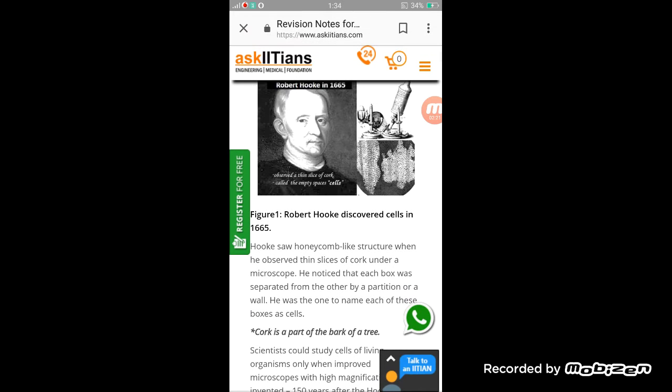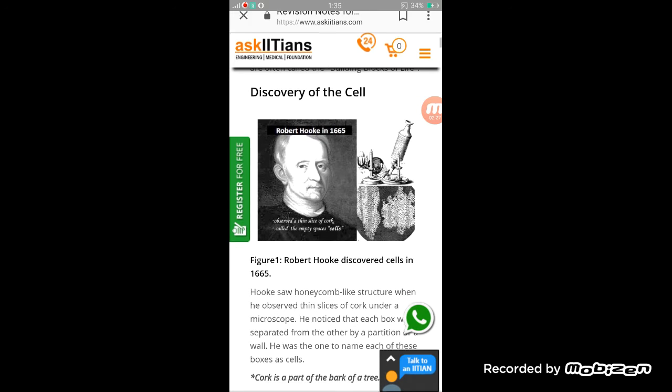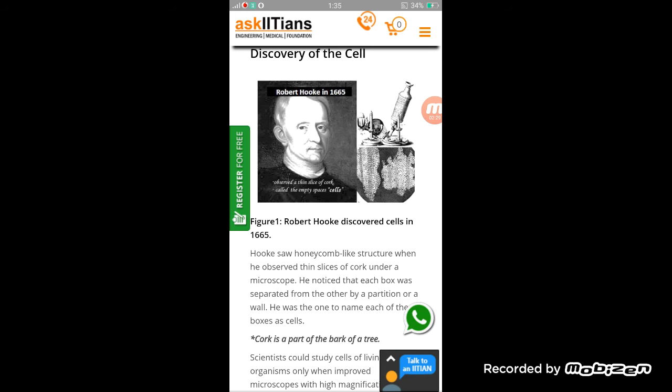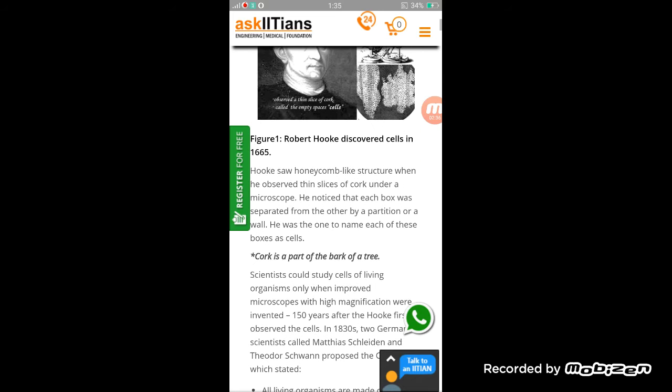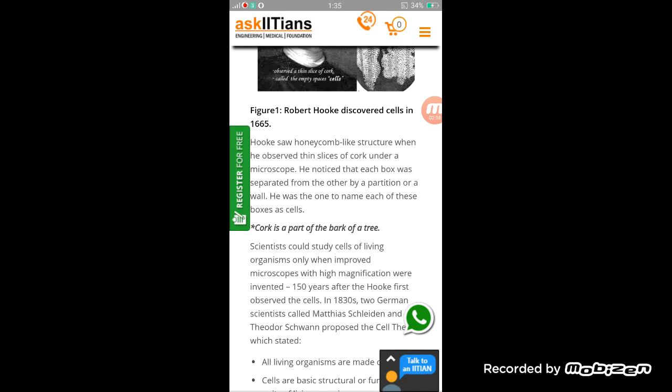As you can see in this figure, he is Robert Hooke, who discovered cells in 1665. You can note down important points from this video. Now let's see what he has discovered. Hooke saw a honeycomb-like structure.